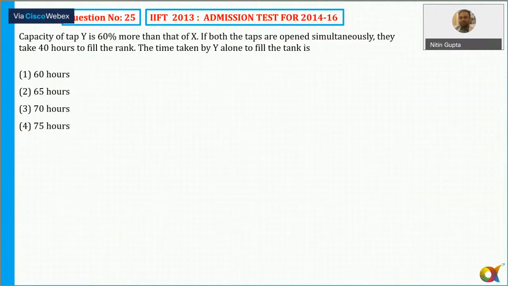Now, ये सबसे easy. Capacity of tap Y is 60% more than that of X. Both the taps are open simultaneously. They take 40 hours to fill the tank. अगर दोनों खोल दिए तो 40 घंटे लगते हैं. ठीक है.